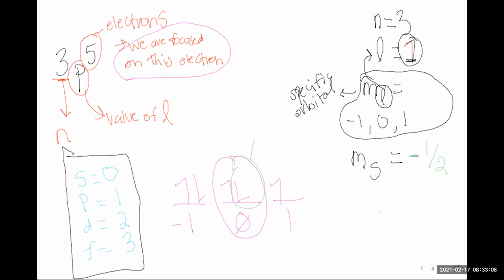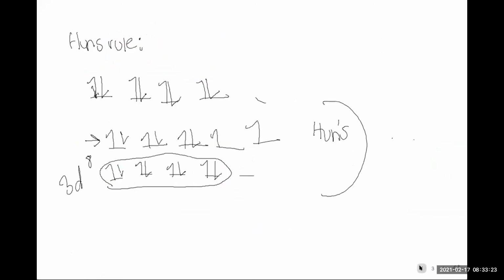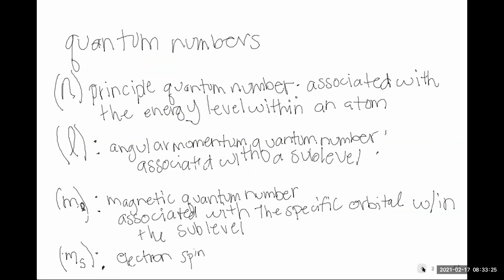Scoot back just a second, Jessica. You were going over the quantum numbers, and can you just go over the definition really quick of the ML and the MS? Yeah, for sure. You can go back. I didn't get those last two. Let me know whenever you guys are ready.